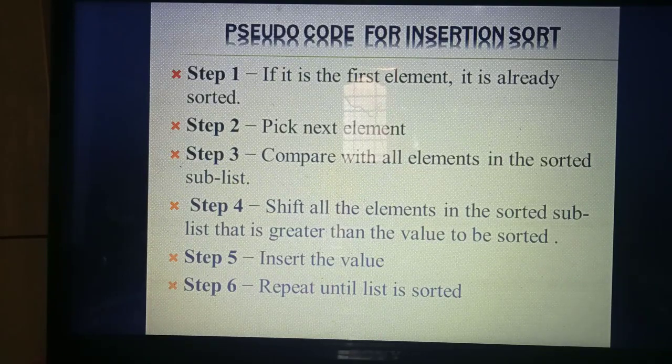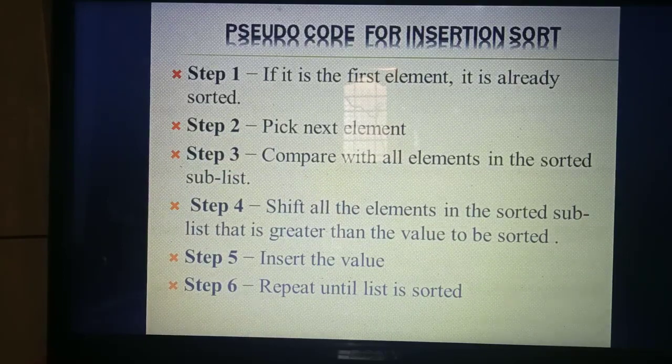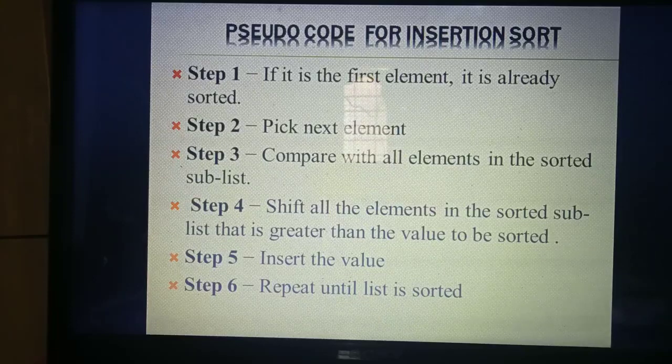When you are inserting a particular element, if a value is greater you need to shift that element to the next place, and the particular element will come to that place. Understand? Then insert the next value. Likewise, you need to repeat until you get the sorted list. Okay, so how many steps are there?